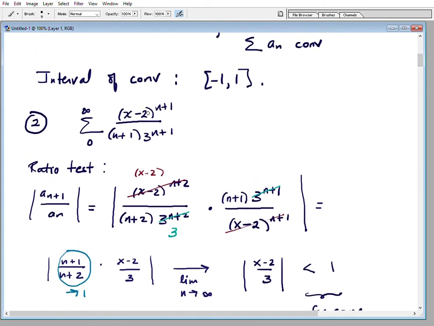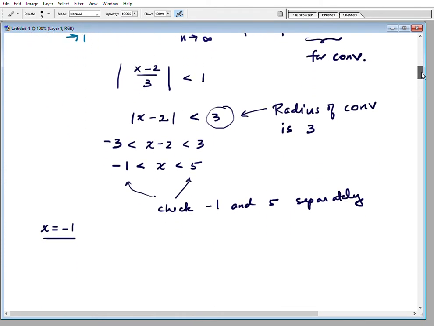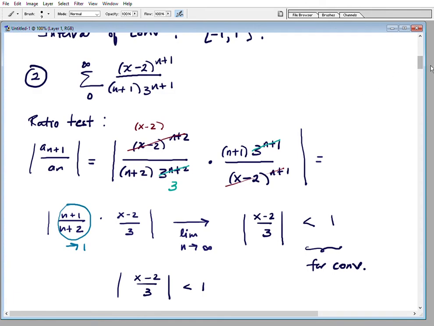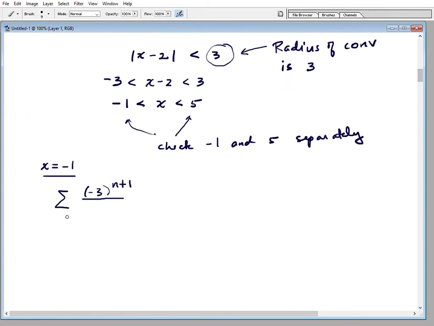Okay, so if we substitute in x = -1, we have (-3)^(n+1) in the numerator. And then the denominator, we had (n + 1) times 3^(n+1), so I'm just going to copy that.